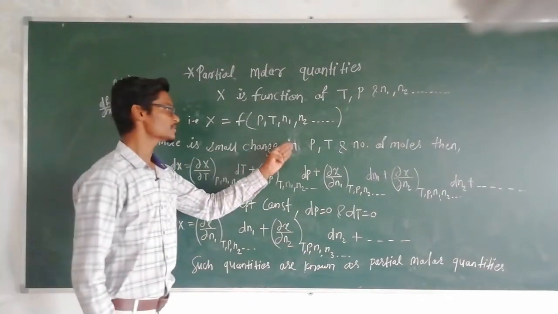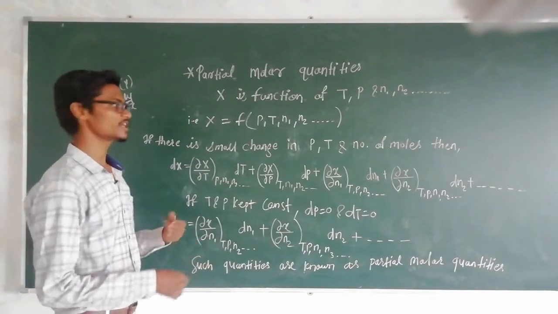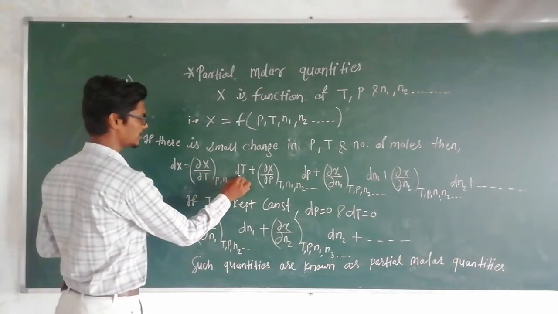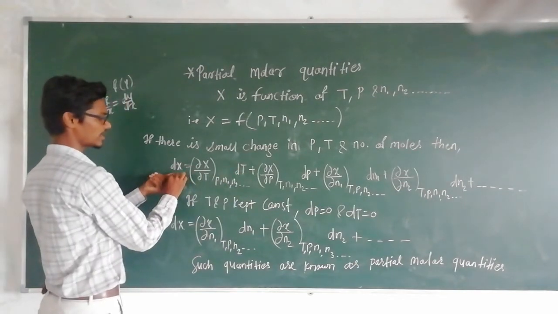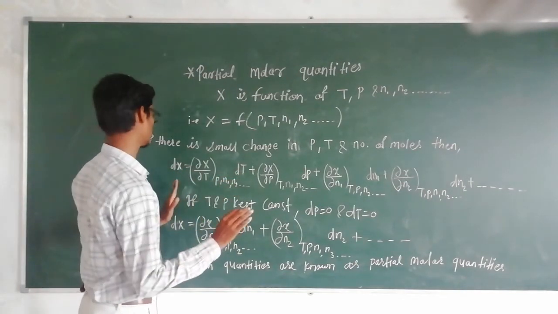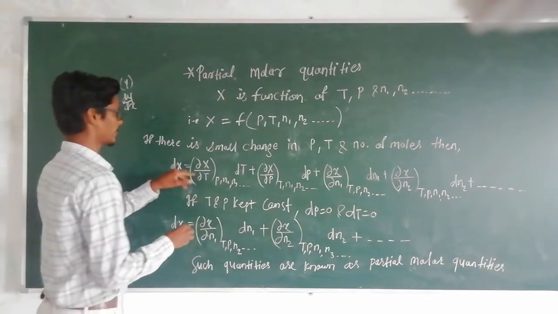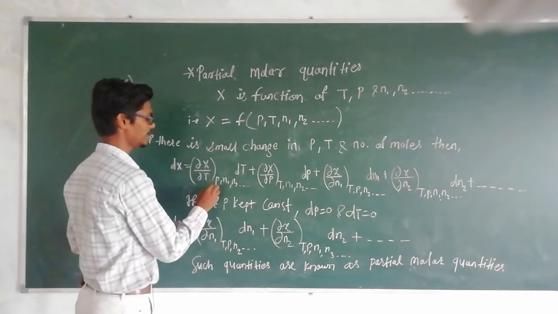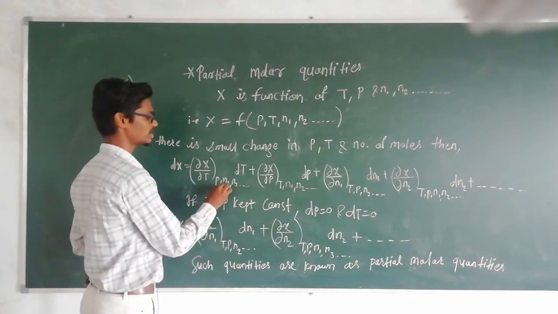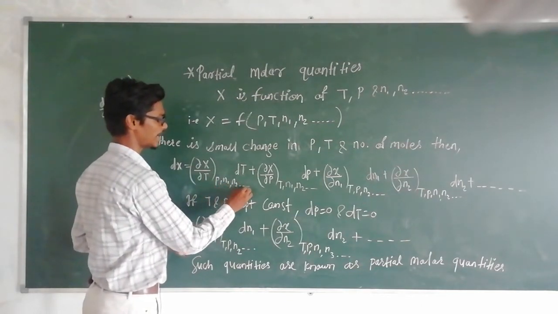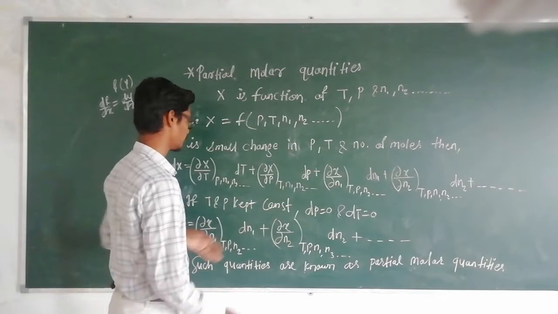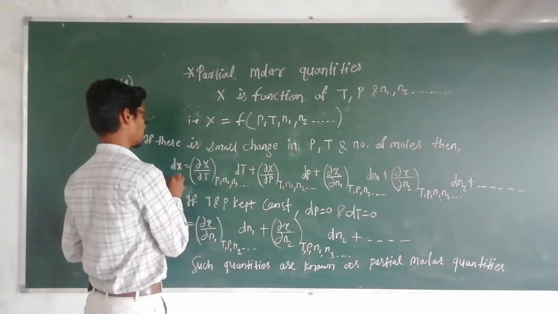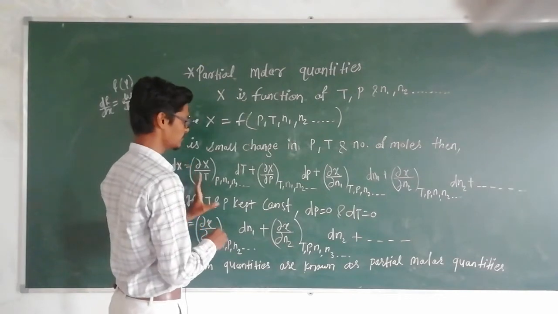These terms are also differentiated, so the small changes can be written as dx and dt. The first term is delta x by delta t at a constant pressure and constant number of moles n1, n2 and so on, multiplied by dt.